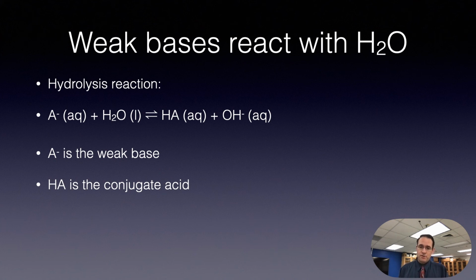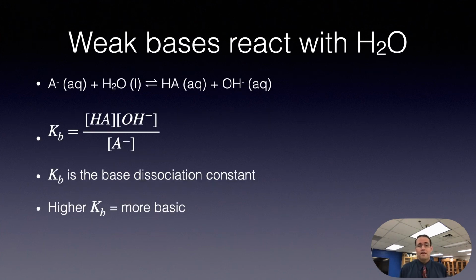Weak bases produce a little bit of hydroxide, more than is already present in water, and strong bases produce a whole lot of hydroxide ion. Hydroxide ions are the defining characteristic of bases. They either have hydroxide in their formula, or they create it when they are added into water.